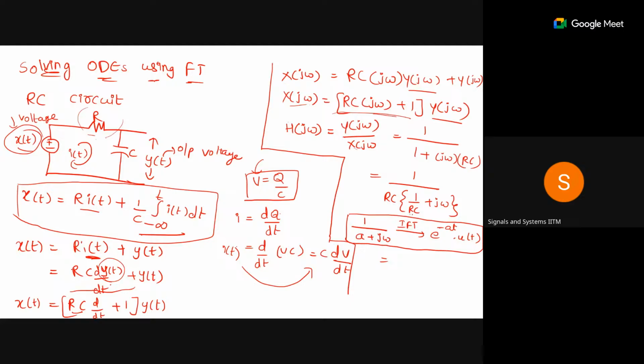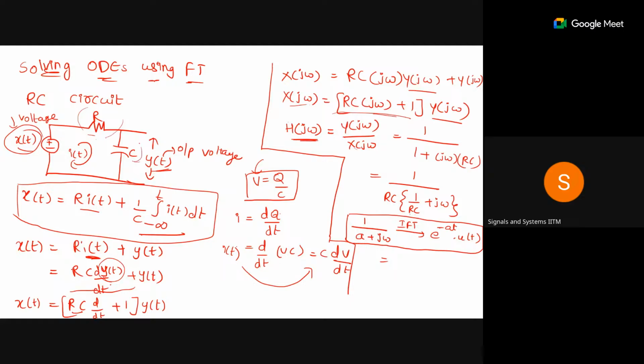Here a is 1 by RC. Now I am doing the inverse Fourier transform in order to find the impulse response of the RC circuit, where y of t is the output across the capacitor.